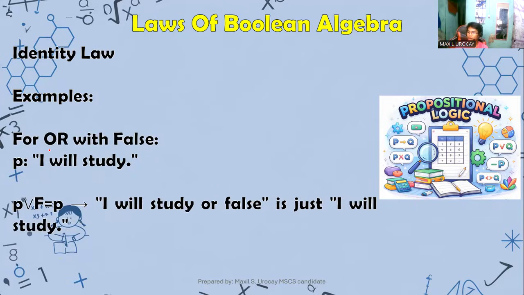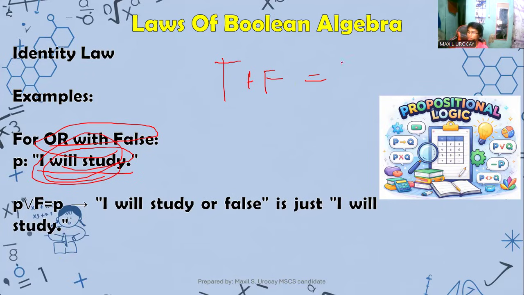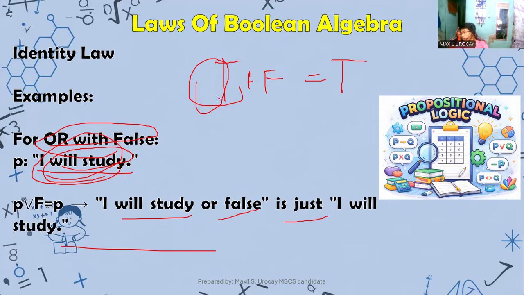And then, or with false. So I will study or I will not study. In our plus, true plus false, the true will be the highest precedence. So I will study is the result. I will study or false, it's just I will study. So therefore, this is I will study.